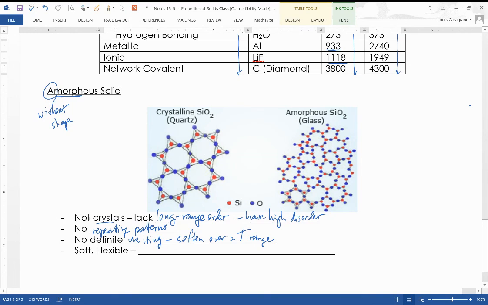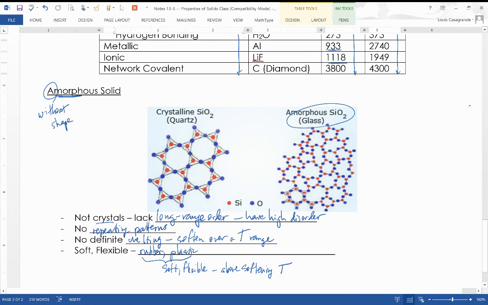And one big example of an amorphous solid is amorphous silica, which is known as glass. Other examples, rubber, plastic. So these are things that we think of as soft and flexible, because they are above the softening temperature.